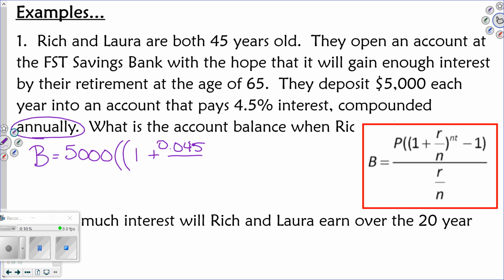Annually means once a year, so it's a 1. Close parenthesis. N times t, my n is 1. My t, 20. Good, because they're 45 now. They want to know when they're 65. That's 20 years later. Minus 1, close parenthesis. Giant fraction. And then your rate.